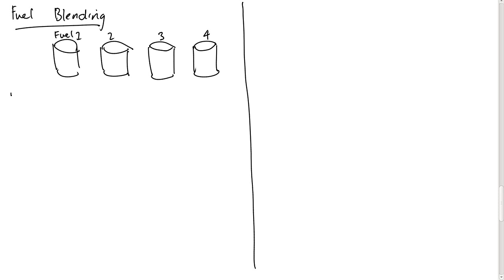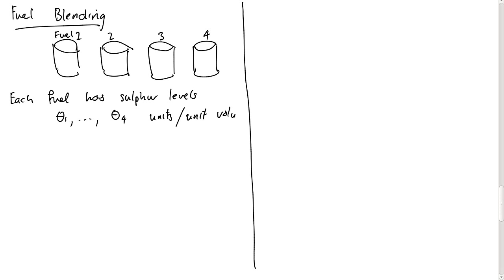And what we're trying to do is, each of these fuels has different properties. So each fuel has sulfur levels theta 1 through to theta 4 for each of the 4 fuels, units per unit volume. Okay, so they have different sulfur levels.